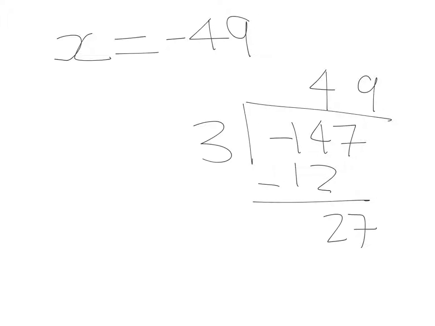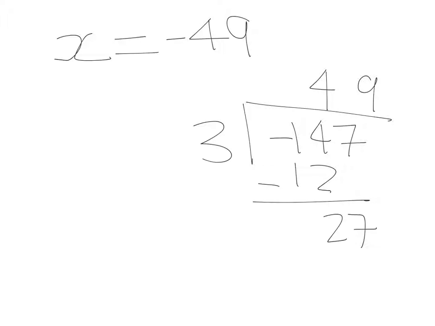And you must be thinking, negative 49, then the consecutive number would be negative 51. But that's not true, because on the positive side it goes 1, 3, 5, 7. But on the negative side, it goes negative 7, then negative 5, because it's getting closer to 0.